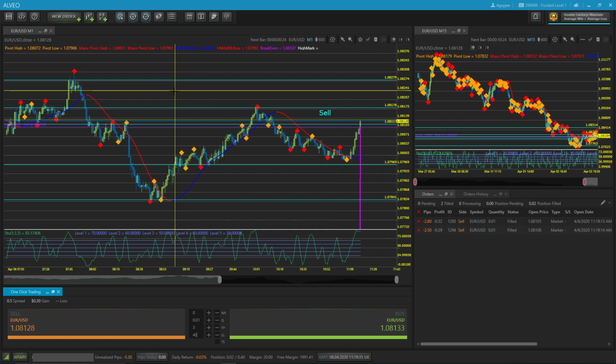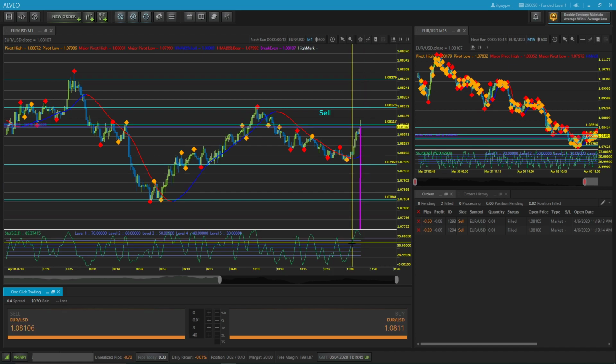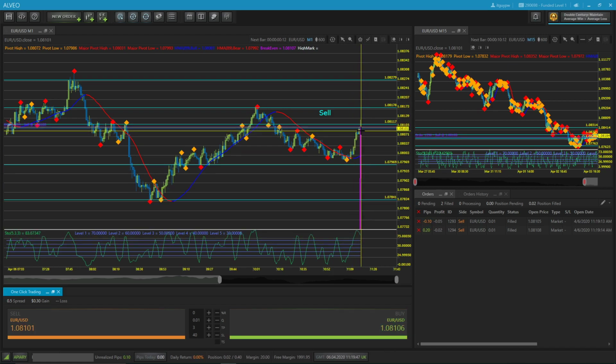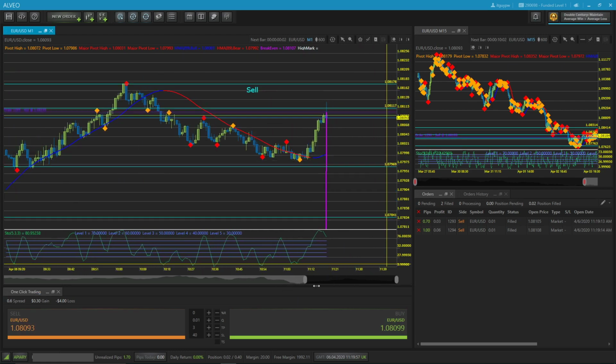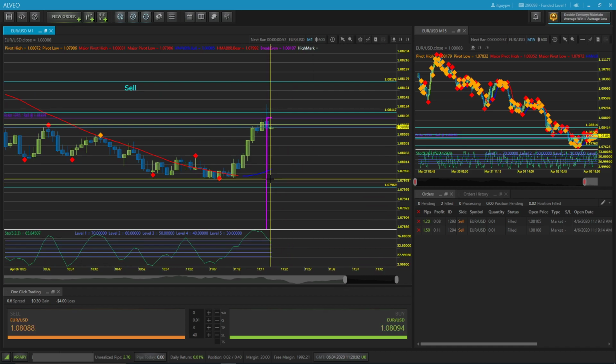The other thing you'll see in this case, I have a stochastic indicator. Looks like we're a little overbought, so that's why I'm going to be looking for that downward momentum in the market. You also see this pink line. This will become more visible as we move on.